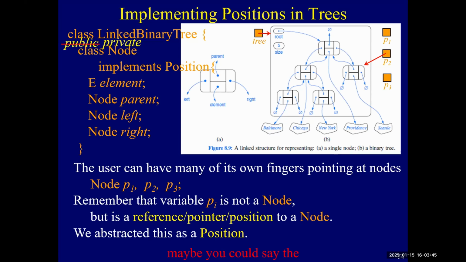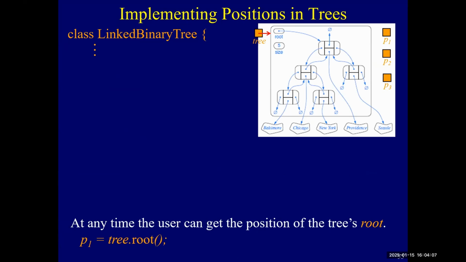Or maybe you could say the node is a position. I guess that's fine too. So anyway, what are we going to do then? Then we're going to say the outside world has all these various positions within the tree, which are, I guess, nodes, but it doesn't know they're nodes.